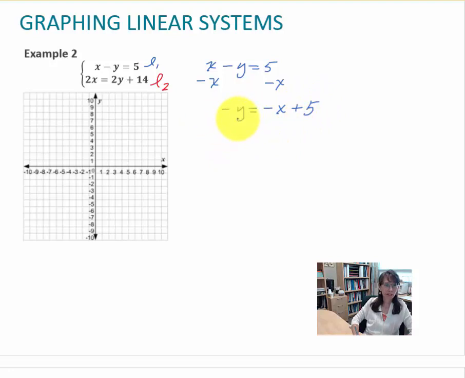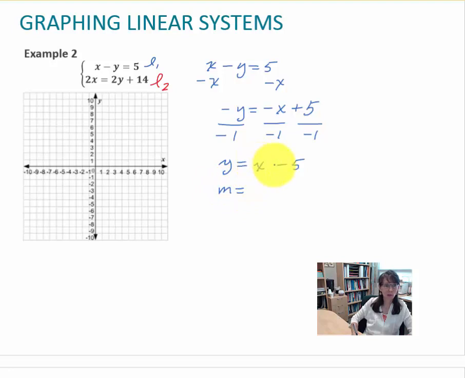But this is not quite finished because we have a -1 coefficient. We need positive 1. So to undo multiplication of negative 1, we're going to divide every term by negative 1. Now we have positive y is equal to x minus 5. So this slope, notice there's nothing written in front of x.